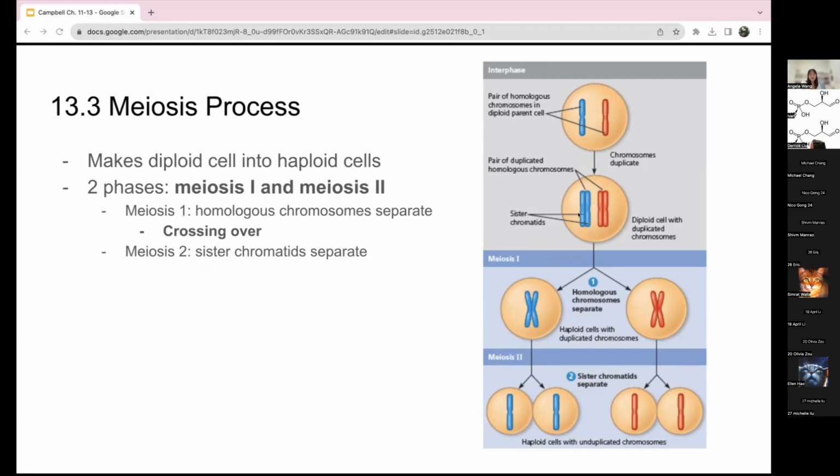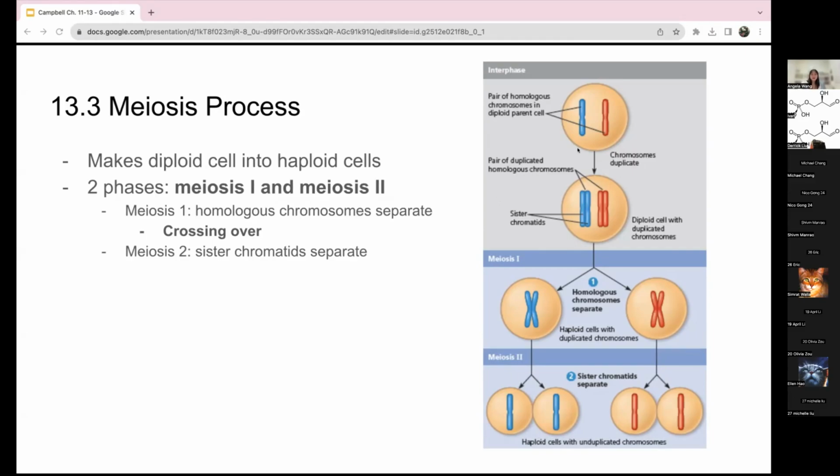So here in meiosis 1, the replicated homologous chromosomes are separated into 2 daughter cells. And then during meiosis 2, the sister chromatids of each replicated chromosome will be split up into more daughter cells. Each produces a gamete, which is left with only one set of chromosomes.